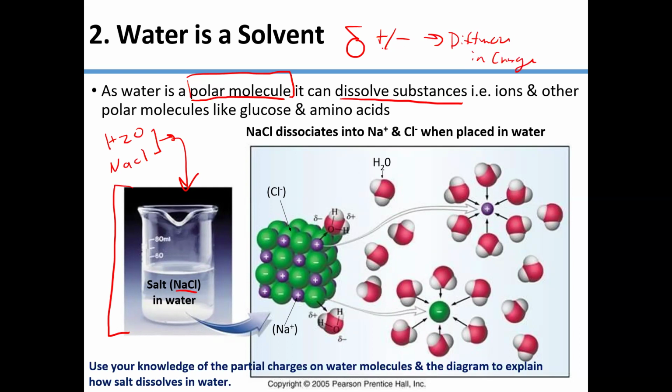So some can be partially positive or partially negative. When water, because it's a polar molecule, dissolves those substances, it can cause something known as dissociation. Just like the name suggests, dissociate just means separating or going apart.